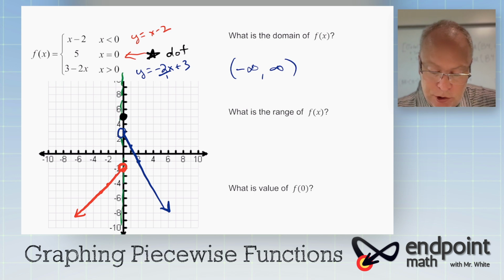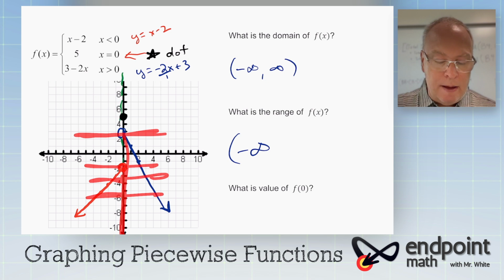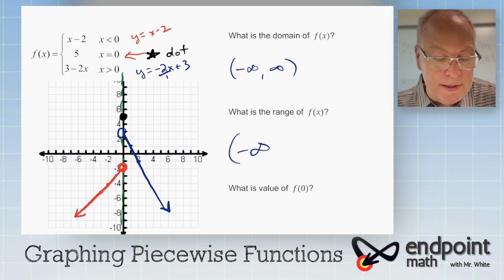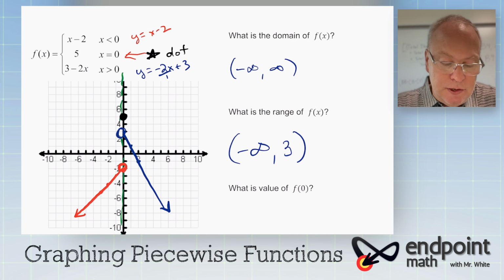What is the range? Range is where you turn your head to the left and you say, how low does it go? Well, it starts at -infinity. It exists here, it exists here, it exists all the way up to, what is that, 3. But we have to leave 3 out because this is an open circle.